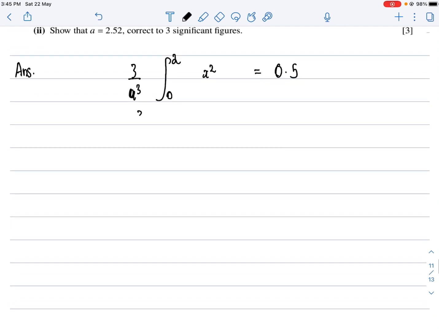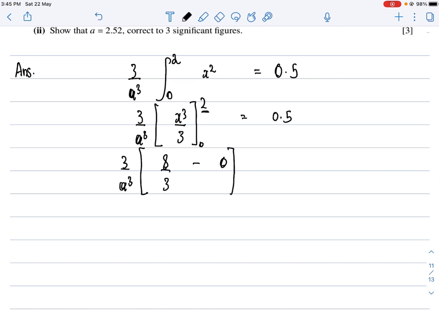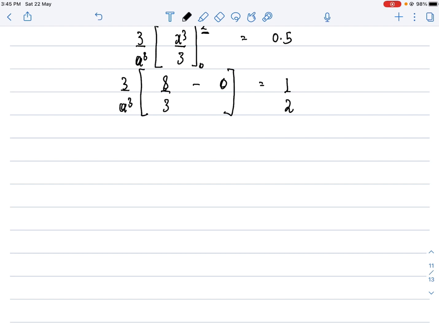So now I can write this as 3 over a cube. We know the integration of x square is x cube over 3. We did this in part 1, with limits 0 to 2 equal to 0.5. So this is 3 over a cube times 2 cube over 3, which is 8 over 3, minus 0, equal to half. This can be written as 3 over a cube into 8 over 3, equal to 1 over 2.